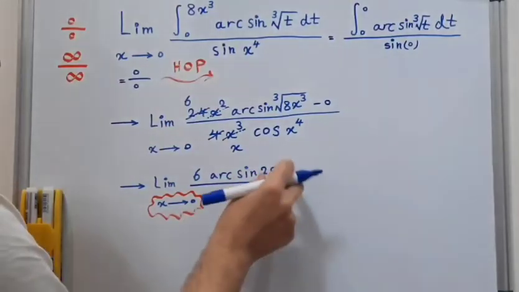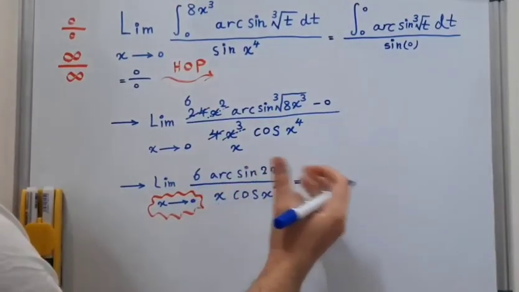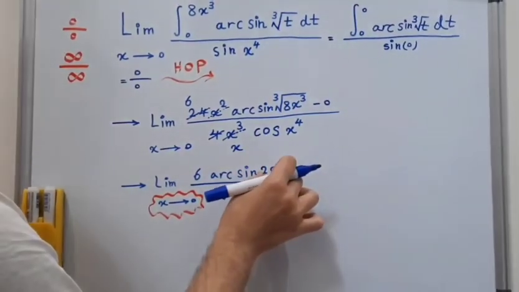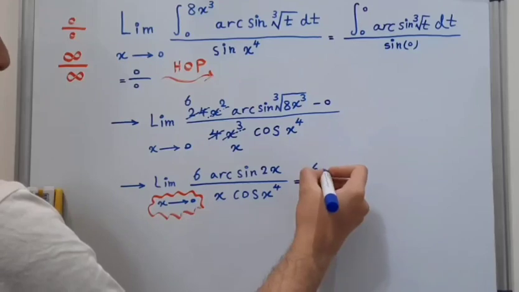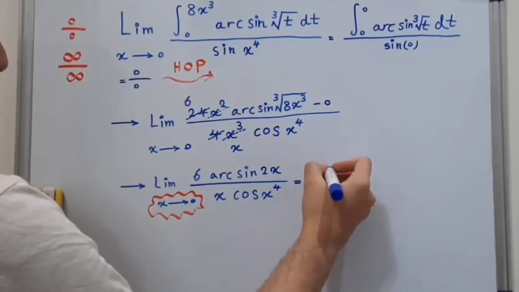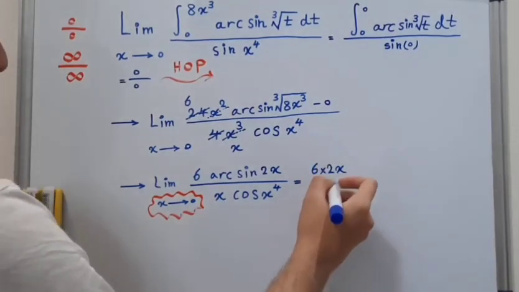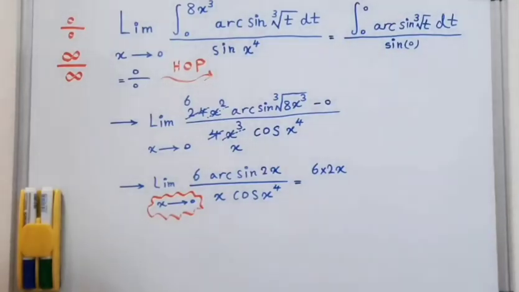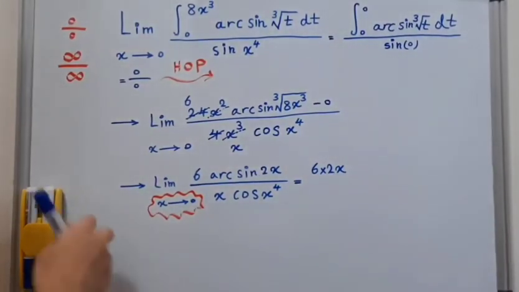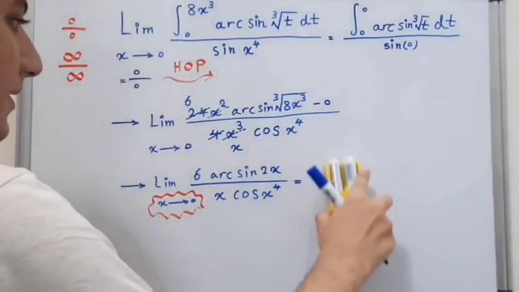It means we can take out 2x from this. It will be 6 multiplied by 2x. Oh, I forgot to write the limits. Sorry.